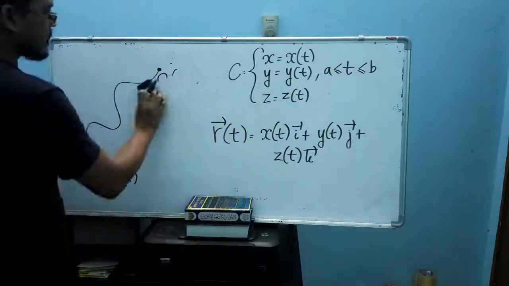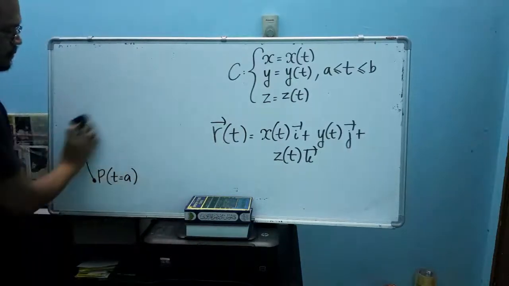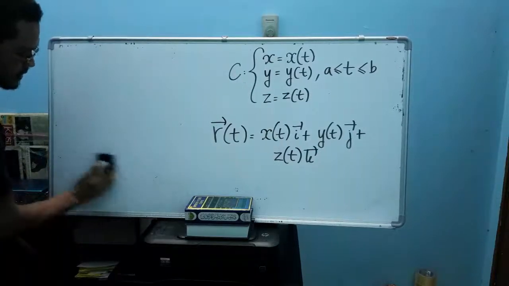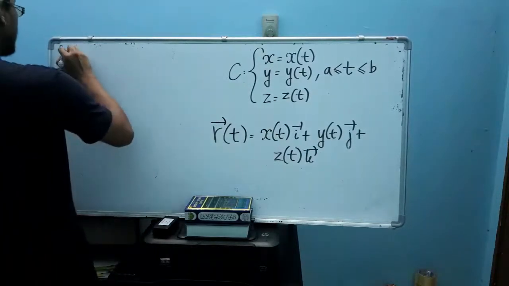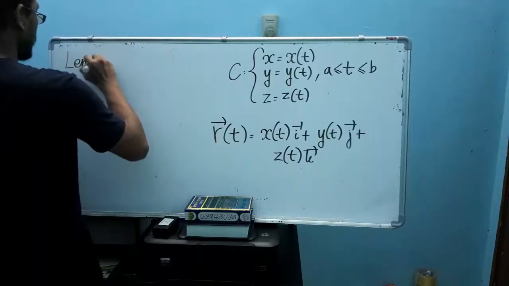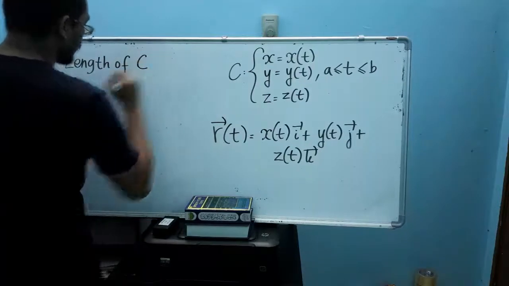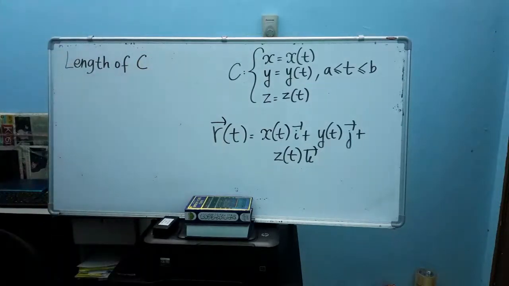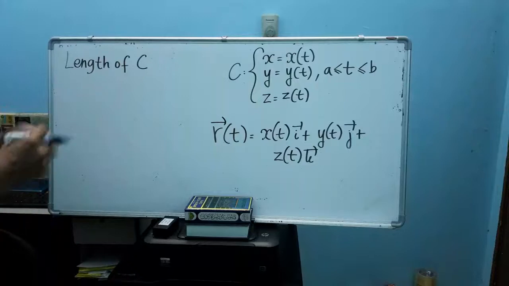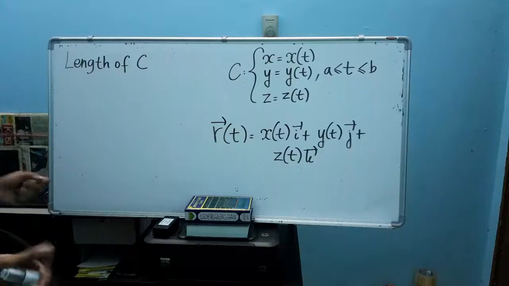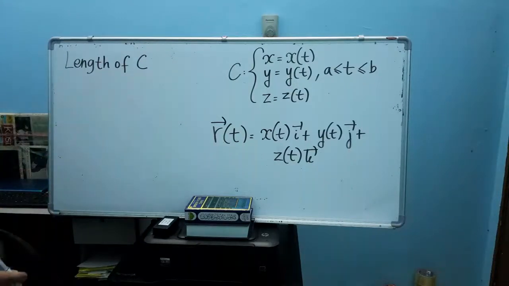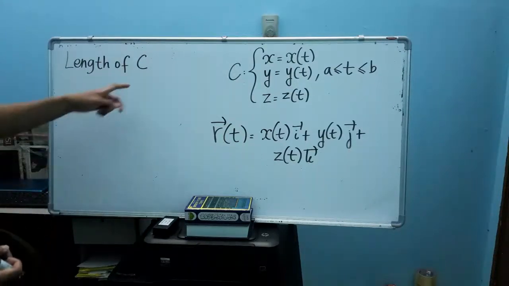Now today we want to discuss how we can find the length of C. How can we calculate the length of C? Just now we said that our C is a portion of a smooth curve in space.